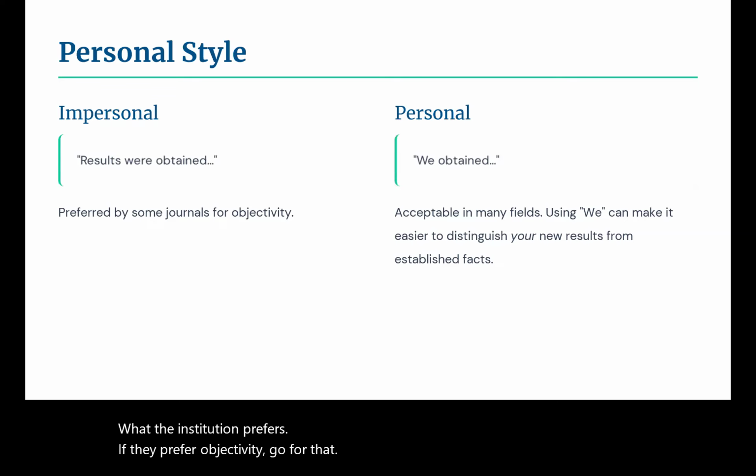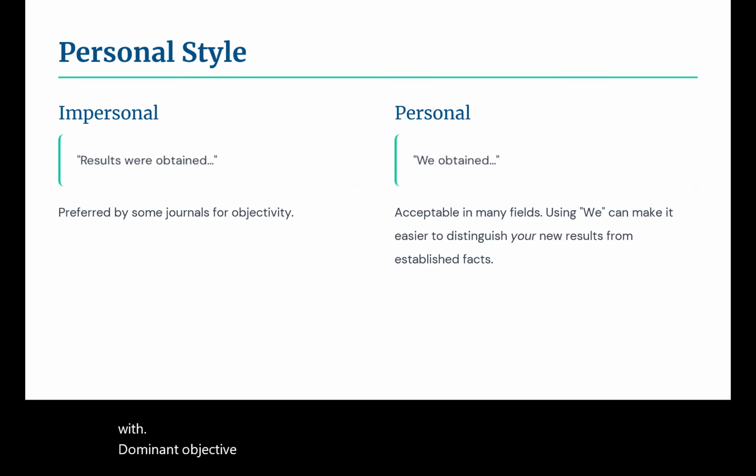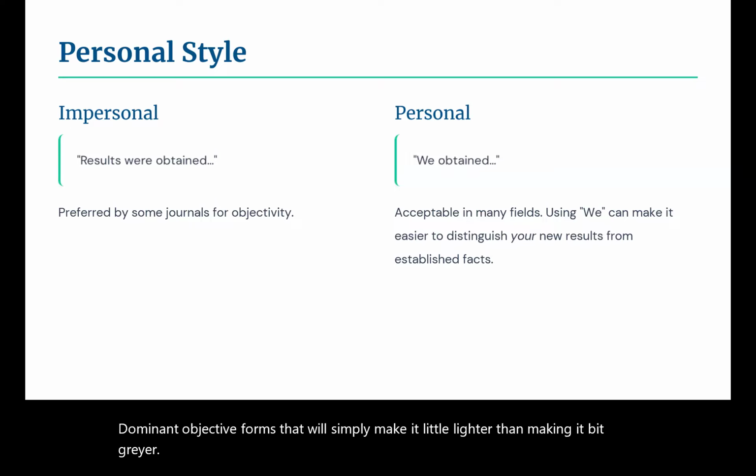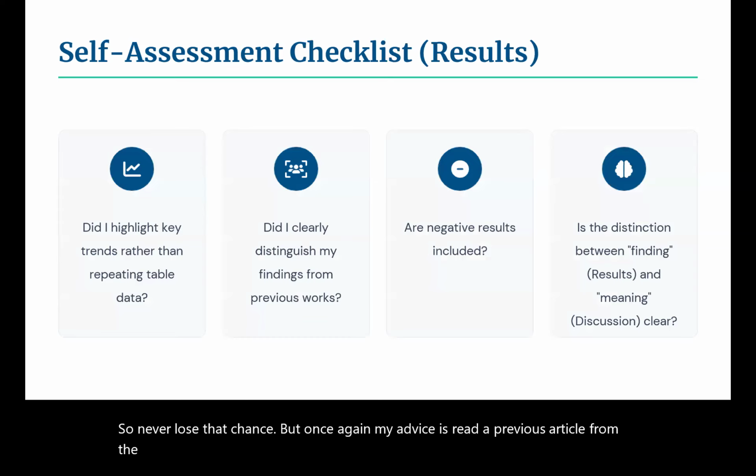But there is actually room for you to include a bit of subjectivity with personal narration, with dominant objective forms that will simply make it a little lighter than making it a bit grayer. So never lose that chance. But once again, my advice is to read a previous article from the journal to decide on style.